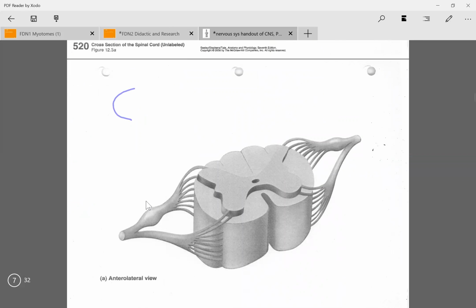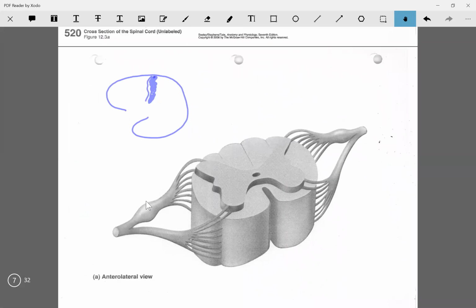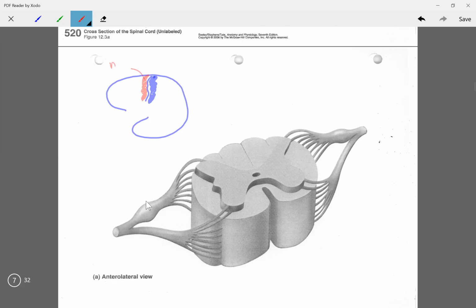So if this was the brain, there was that central sulcus there, and then behind it was the postcentral gyrus, and in front of it was the precentral gyrus. Okay, and the precentral gyrus is the motor, and the postcentral gyrus is sensory.